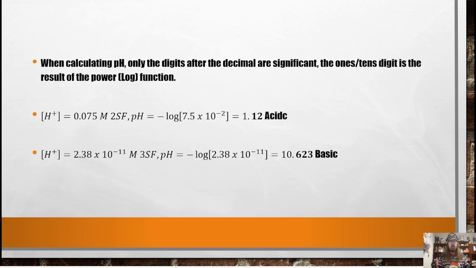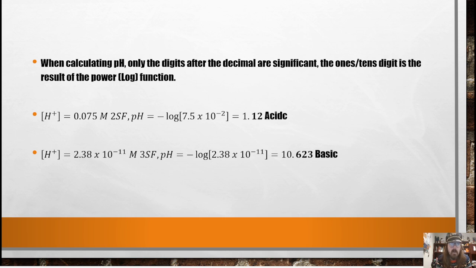Now, when calculating this, there's a question about significant digits. Like, where should I round? And this also comes up because this is a power function of a scientific notation number.